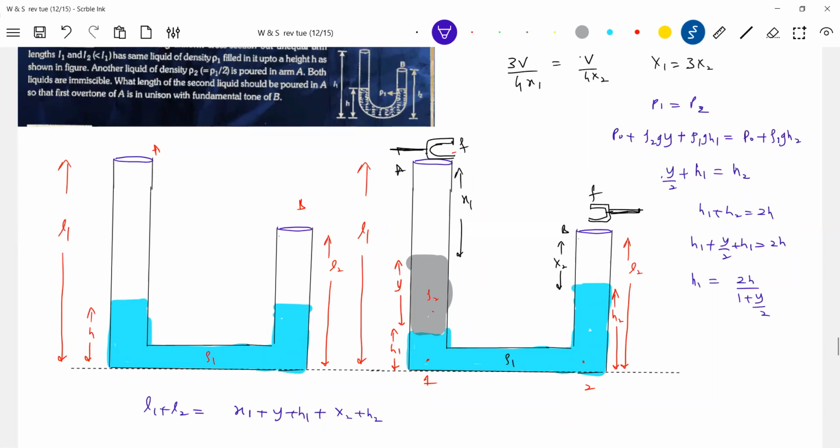H1 I can replace in terms of y. H2 also I can replace in terms of y. X1 equal to 3x2. Any relation between them? Sir, we'll get a relation between x1 and x2.